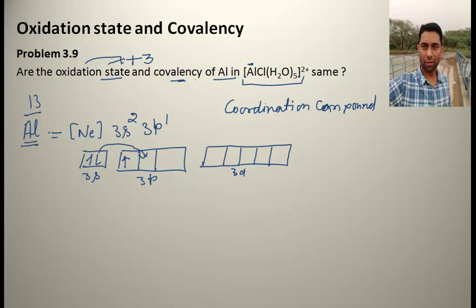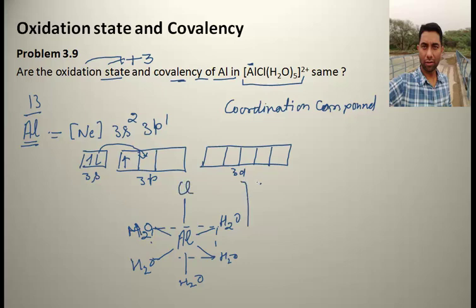Now we move to the covalency. Covalency means we have to analyze the structure of this. Aluminium is the central atom and it has an octahedral shape like this. These 4 will be in one plane. That means aluminium has formed 6 bonds, it has attached to itself 6 species. 5 of them are water, H2O, and 1 is Cl, and the charge is 2 positive.